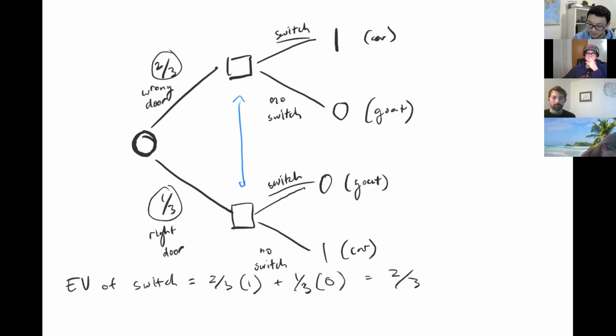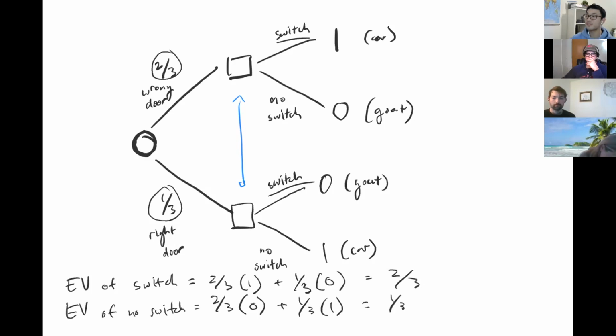So your expected value is 2/3 if you do decide to switch, and your expected value of not switching is equal to 2/3 times 0 plus 1/3 times 1, which equals 1/3. Yeah, so if you choose to swap the doors, you'll actually win the prize twice as often as if you didn't switch. Make sense? Any questions?